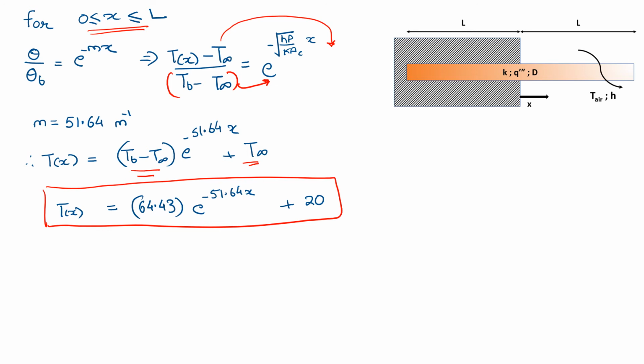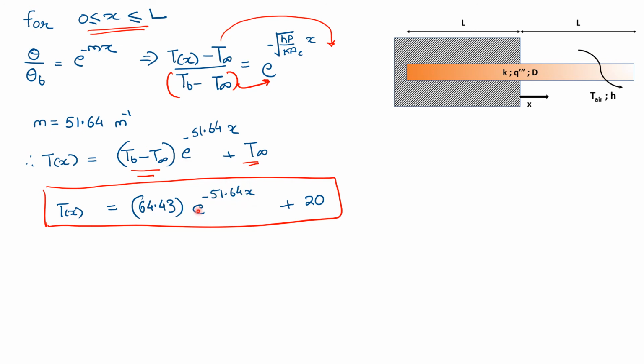Now keep in mind that our temperature distribution is not linear, and it has an exponent part to it. So we have an e to the power minus mx term here, so we have e to the power minus 51.64 times x. Now what does this mean? Let's say your x was a large value.